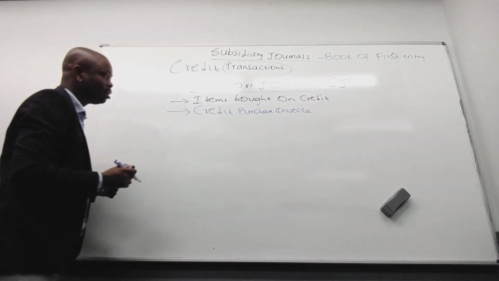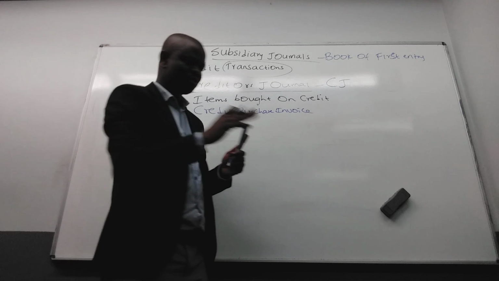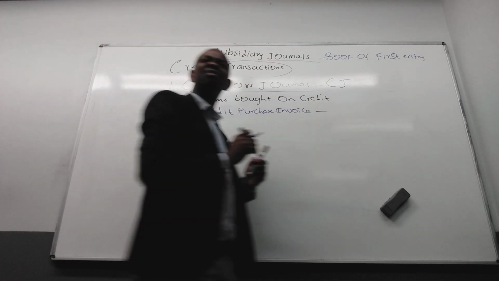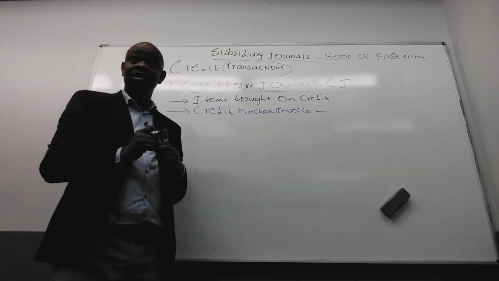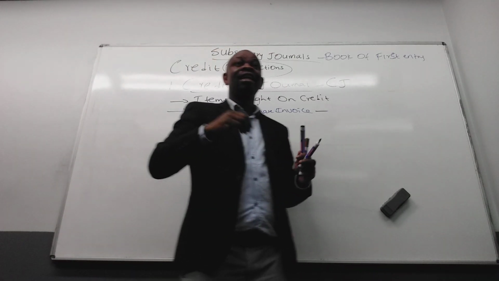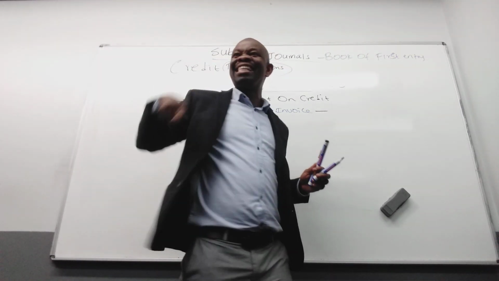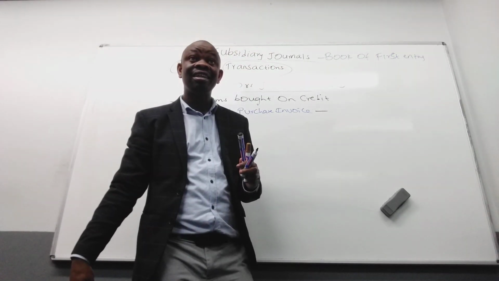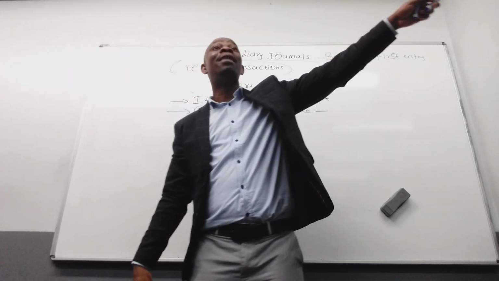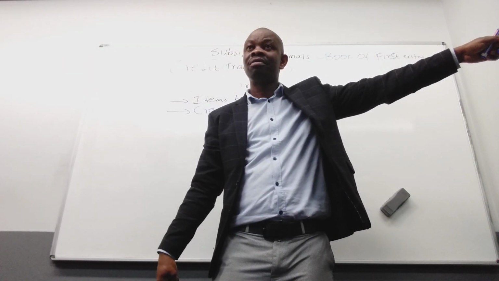Now, is it duplicate or original? Think about it. Please don't guess. It must make sense. The rule says the one who gives the source document retains the original. The one who buys receives the copy.